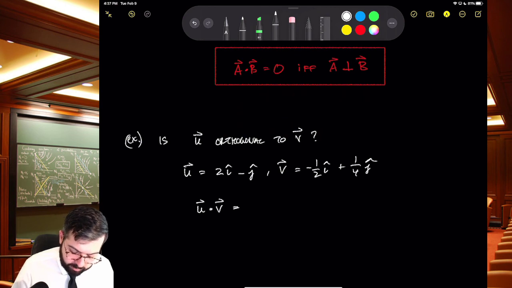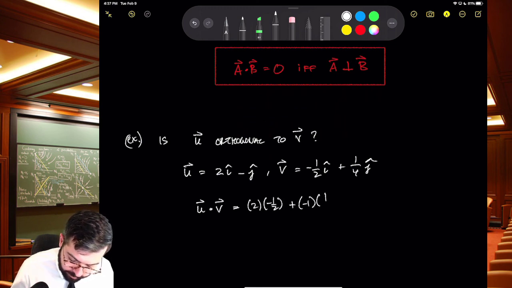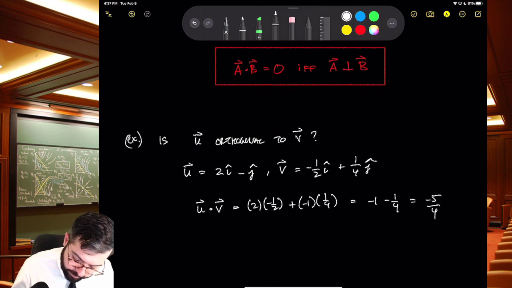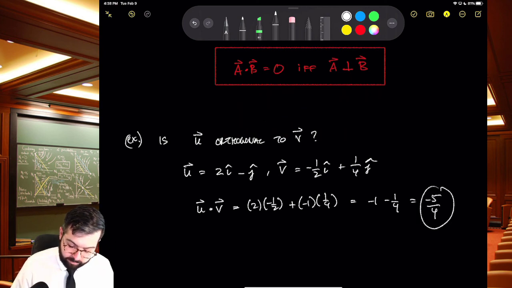Well, we test it by taking the dot product, which is 2 times negative 1/2 plus negative 1 times 1/4. So we'll get what? Negative 1 minus 1/4, which is negative 5/4. So are they orthogonal? No, they're not.